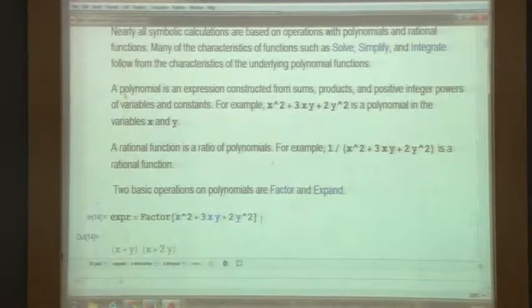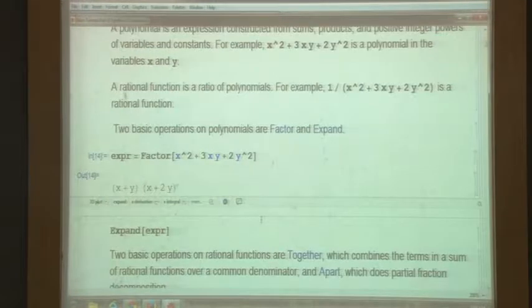If you have to do this manually, it takes a lot of effort. In less than a second, Mathematica already figured it out. So again, what I was saying is we shouldn't be wasting our time on this kind of operation. We focus on the important things. Mathematica can do this for you. Once we got this, if you want to know whether this is correct or not, you can use the opposite operation, which is expand.